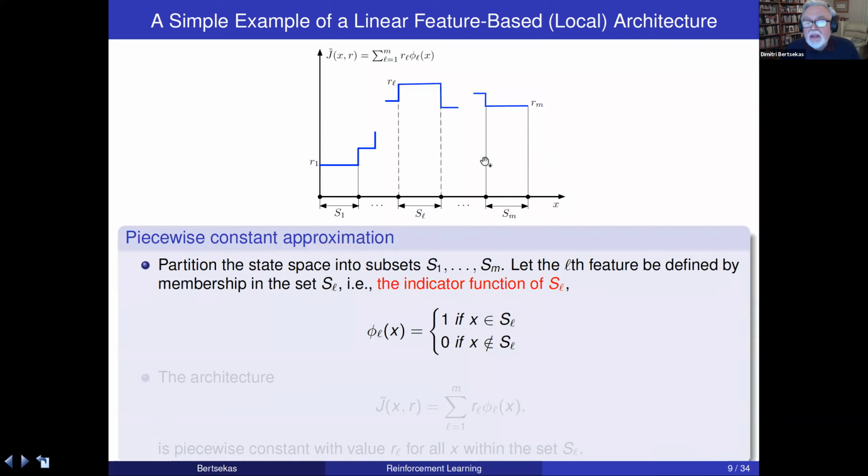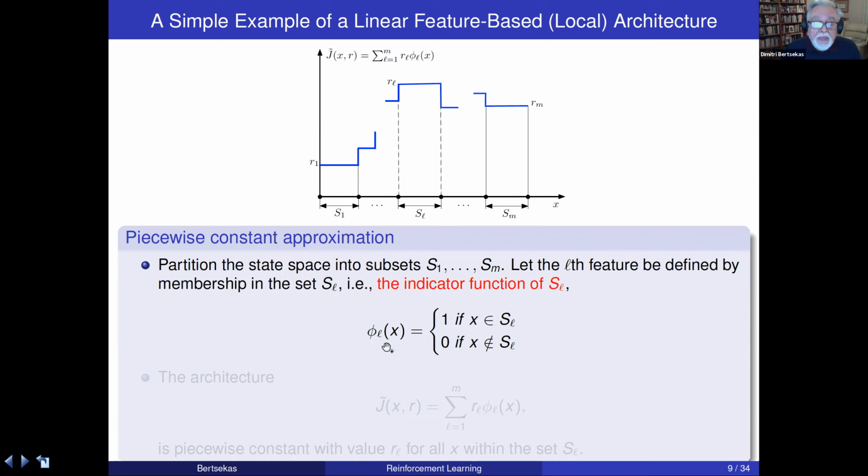At a different set, this is another feature and another feature. And when you pick a particular x, then the feature extraction mapping picks out in which set of the partition it belongs, and gives you the feature to be 1 or 0.